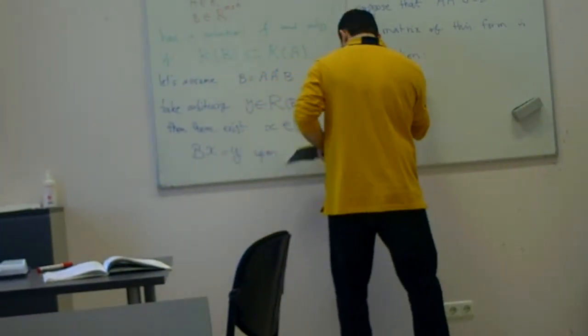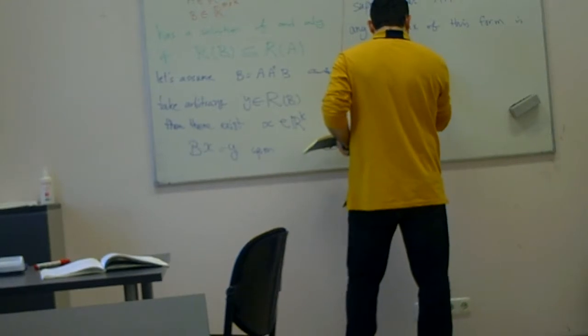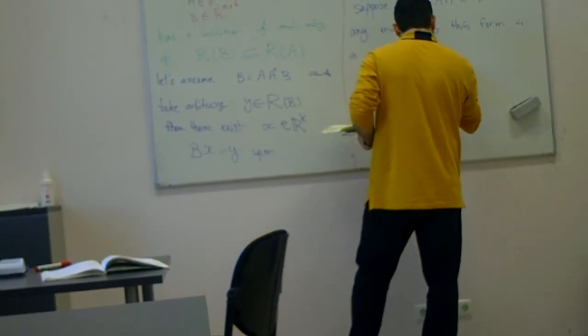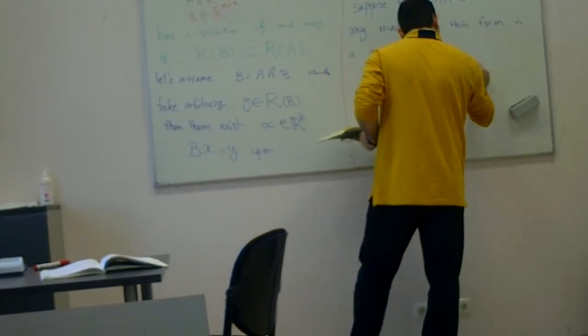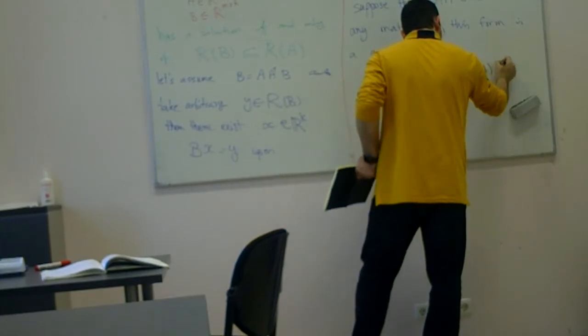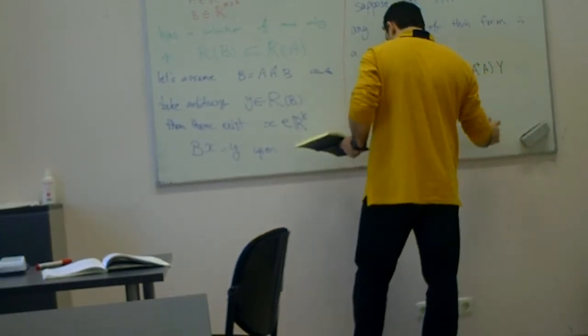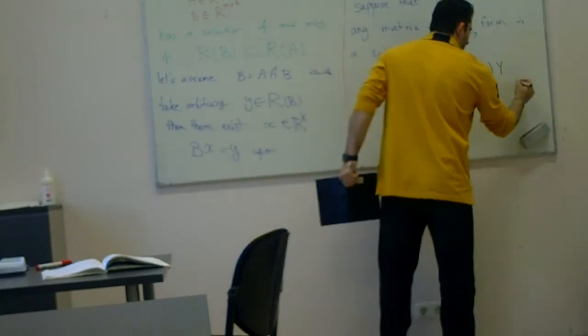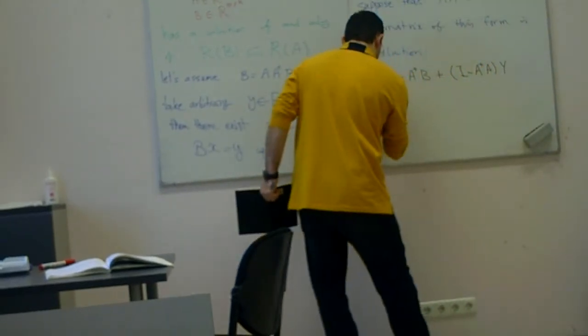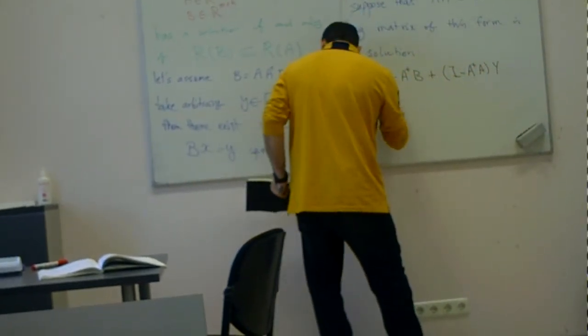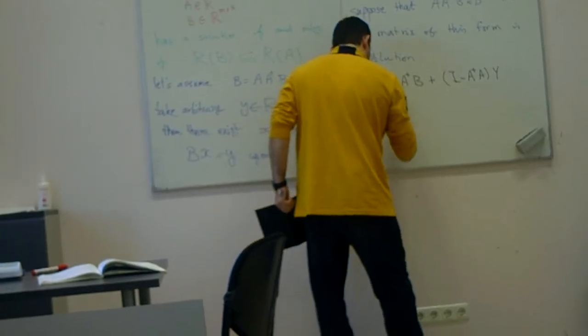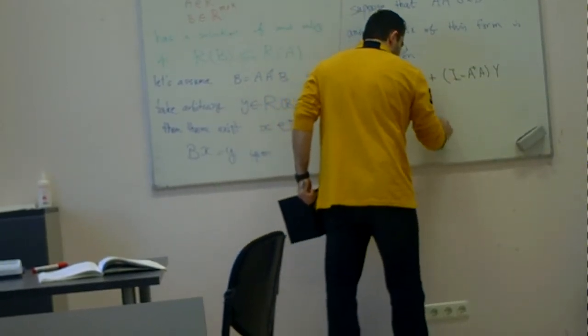X is equal to A plus B plus I minus A plus A y, where y belongs to R and k is arbitrary.